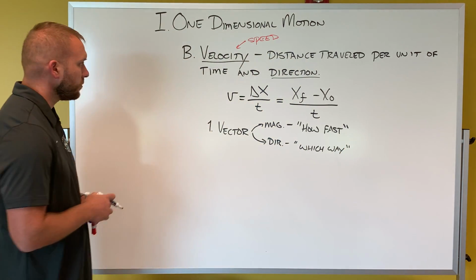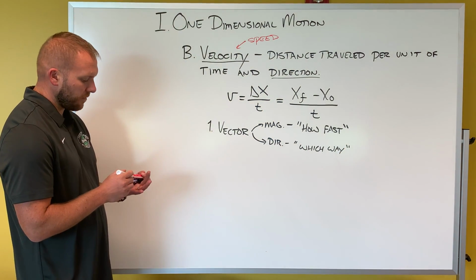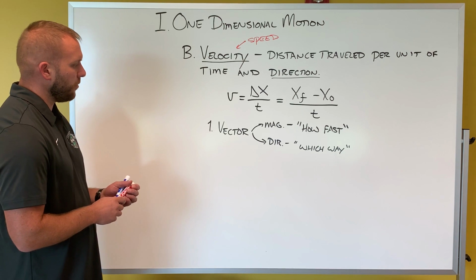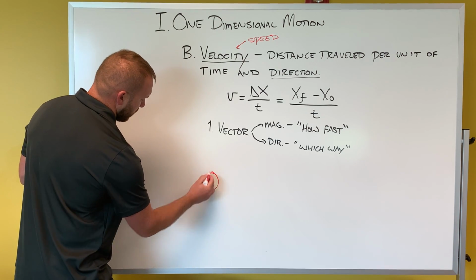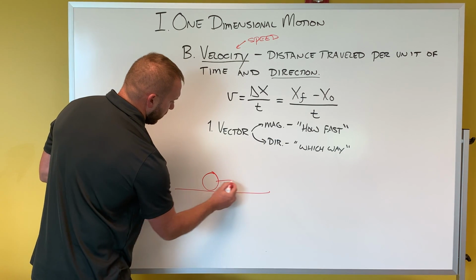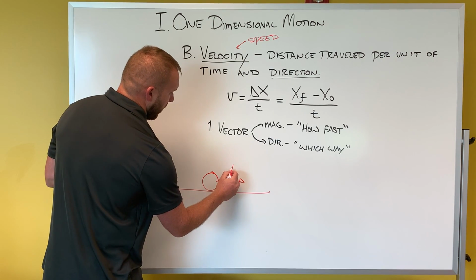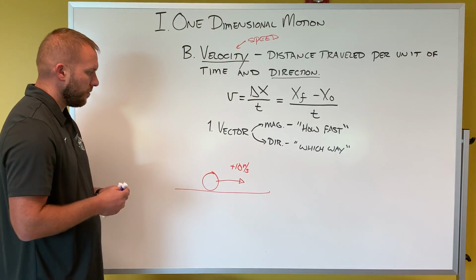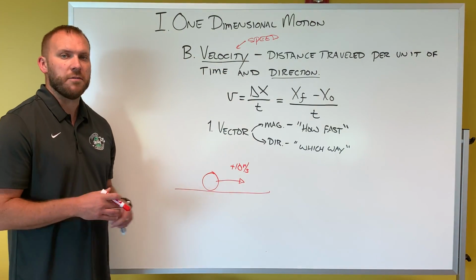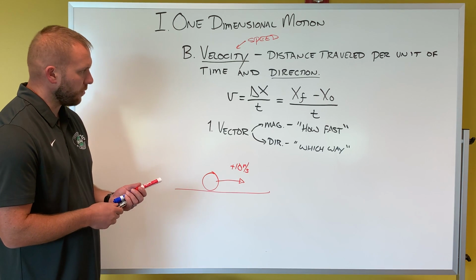And so if we have some examples, if we had an object that was rolling in this direction at positive 10 meters per second, the 10 tells me how fast it's moving, 10 meters per second.